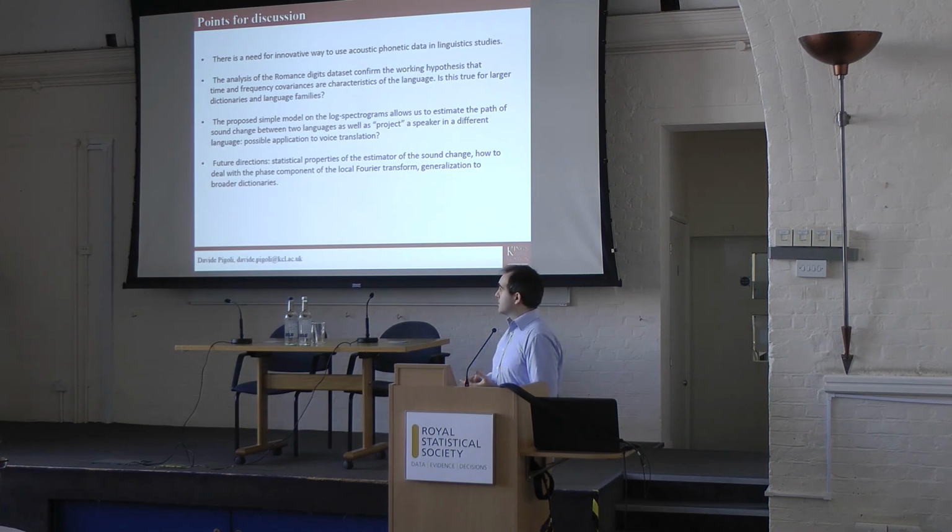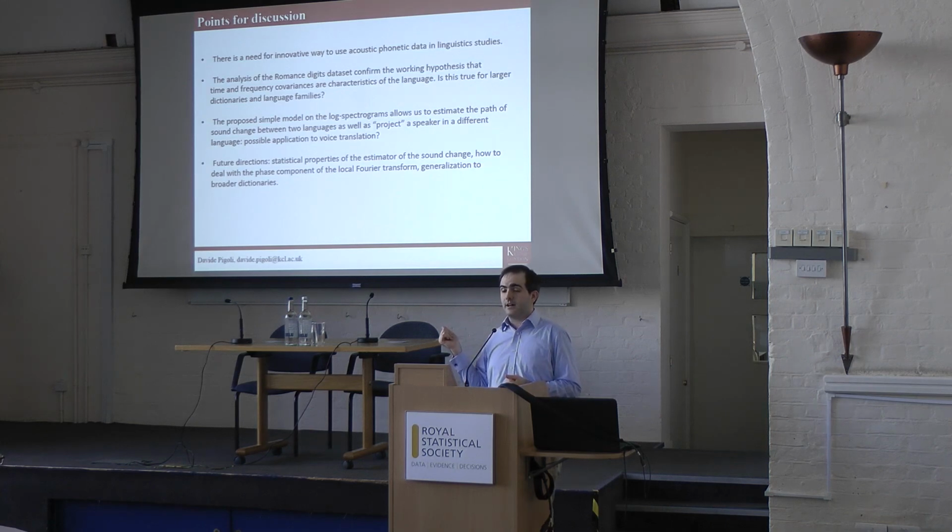From a practical point of view, we ran all the analysis on the amplitude of the Fourier transform because it contains all the linguistic information. However, when you reconstruct the sounds, you also need a phase component to back-transform, to build the inverse Fourier transform.